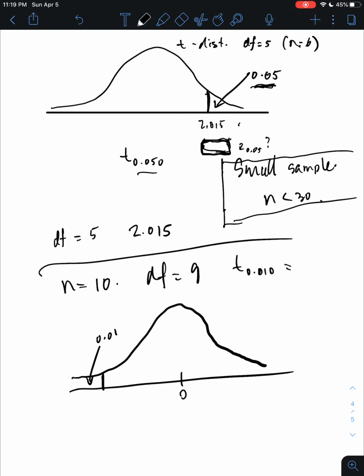The table says that is equal to 2.821. And remember, on the left, numbers are negative. Okay, so that is the answer to example 10.2. This is 1%, and at 9 degrees of freedom, the critical value is negative 2.821.